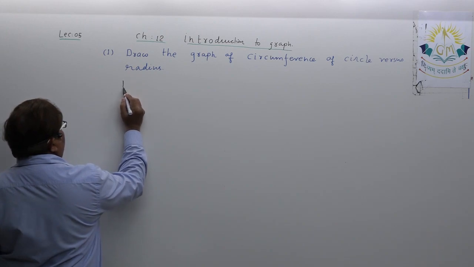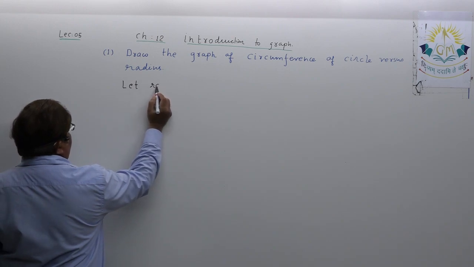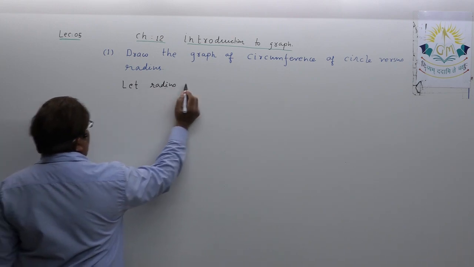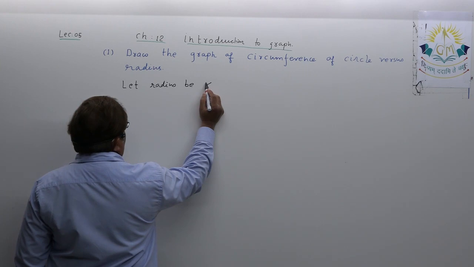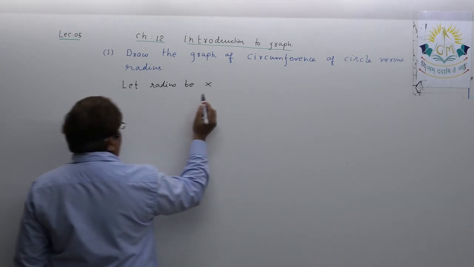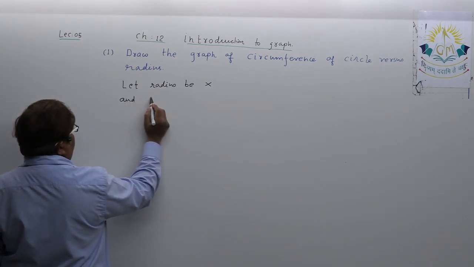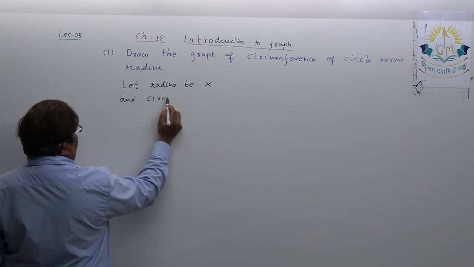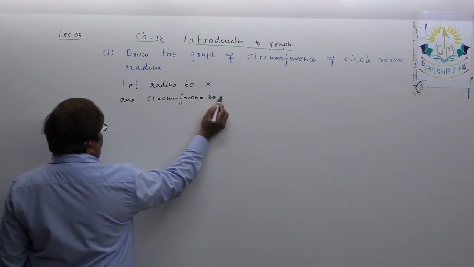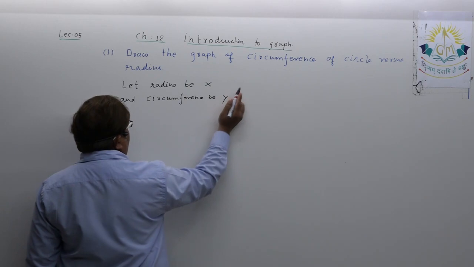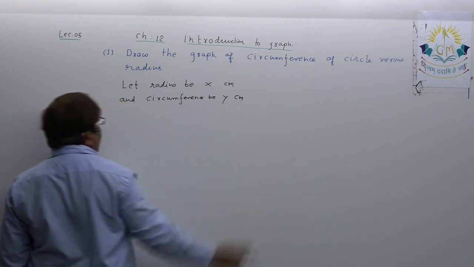Let radius be x and circumference be y. If you just want to mention units, you can write centimeter, no problem at all.